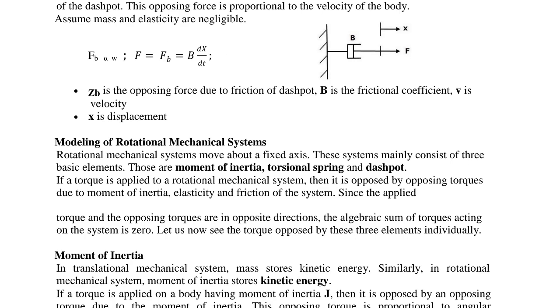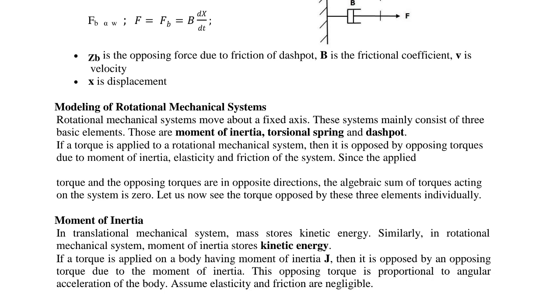Similarly, for modeling of a rotational mechanical system, the rotational mechanical system moves about a fixed axis. The system mainly consists of three basic elements: moment of inertia, torsional spring, and dashpot. When torque is applied on the rotational mechanical system, it is opposed by opposing torques due to the moment of inertia, elasticity, and friction of the system.